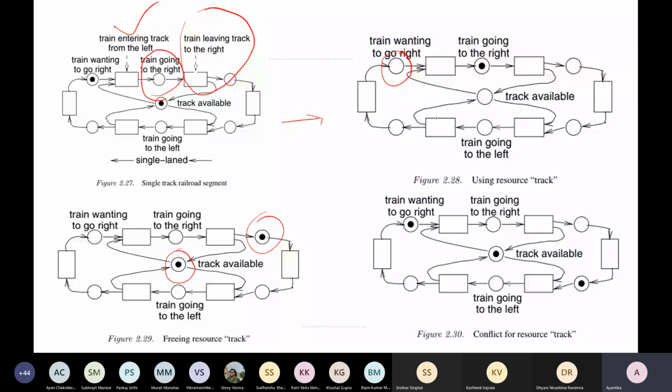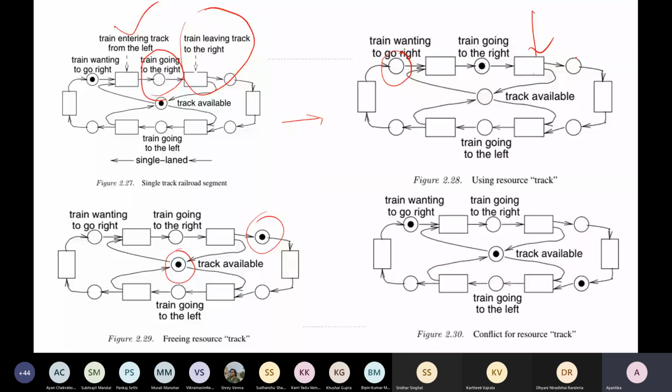From this single state, if this condition is satisfied, the system will move to another single state. So this is the concept of the condition event net, the simplest net.